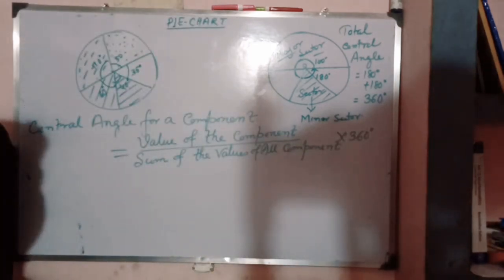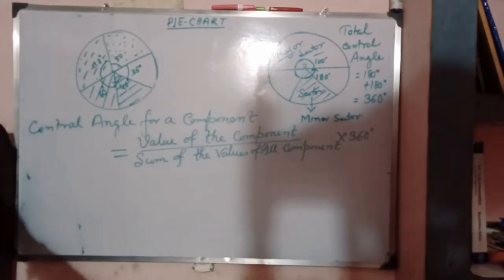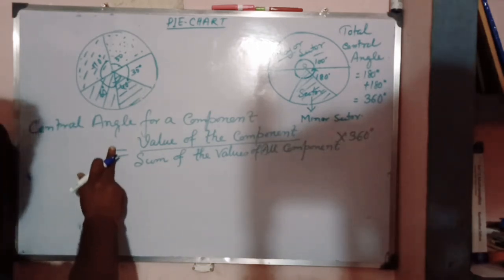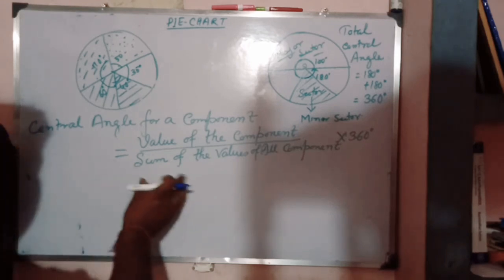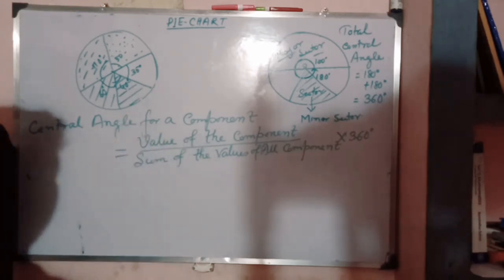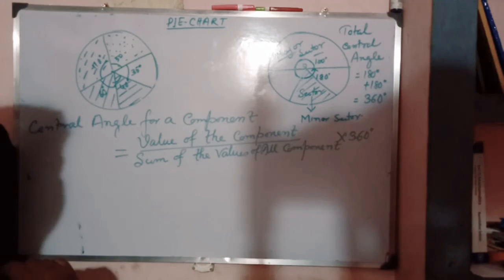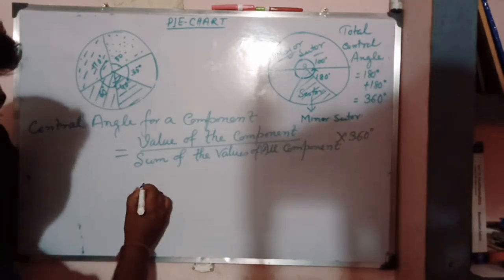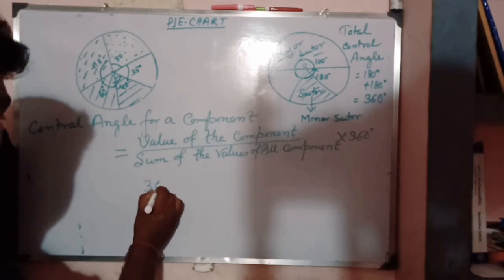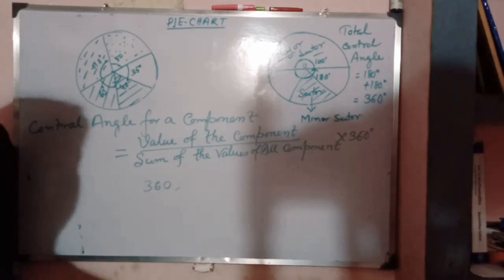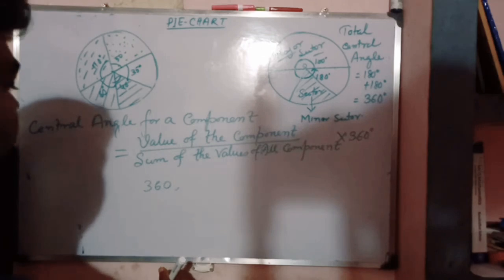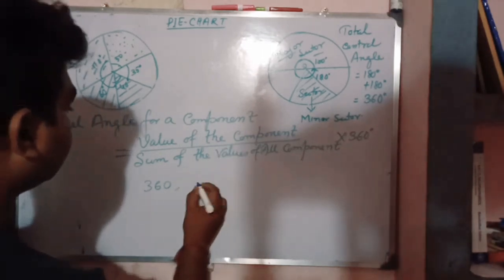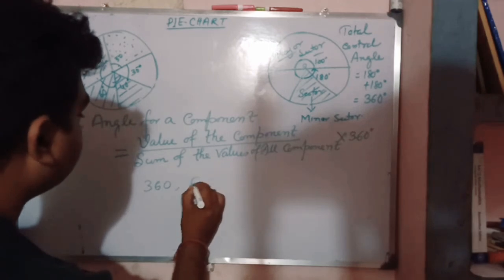Understood? Suppose, as an example, the sum of all the values given to us for drawing a pie chart is 360, and the value of the component is 60.